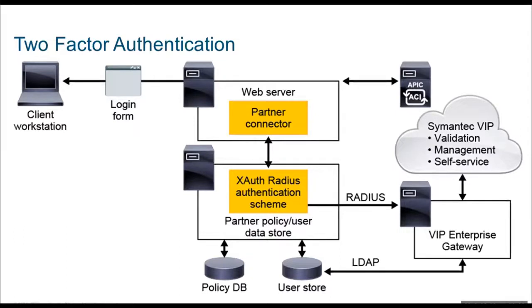Shows you an example of how they've integrated with Semantic VIP Access, the cloud-based authentication service, which provides you the added security of, other than username and password, you need a security code.